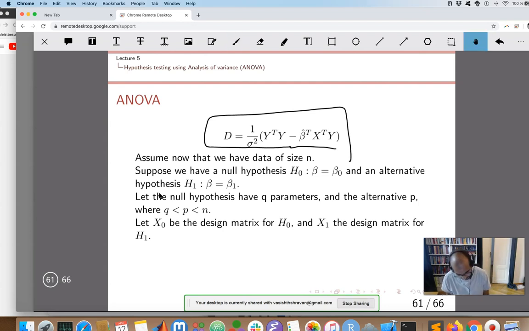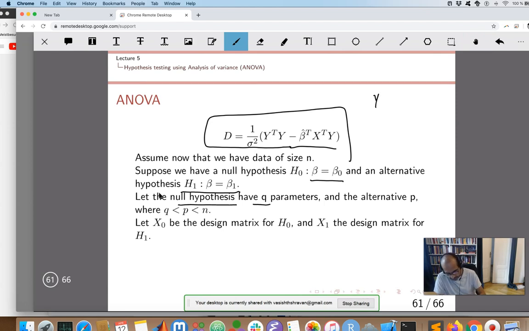So let's say that we have a null hypothesis that one of the betas is equal to some value beta 0. Let's say the slope is set to be 0 or something like that. And then we have an alternative hypothesis that the slope has some other value. Let's assume that our null hypothesis model has q parameters.